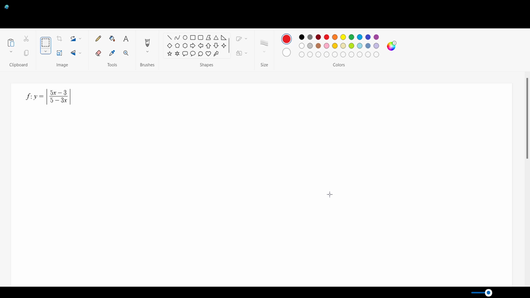Hi everybody, in today's really short video I'm going to show you how to sketch the graph of a function which is given by this notation or definition.